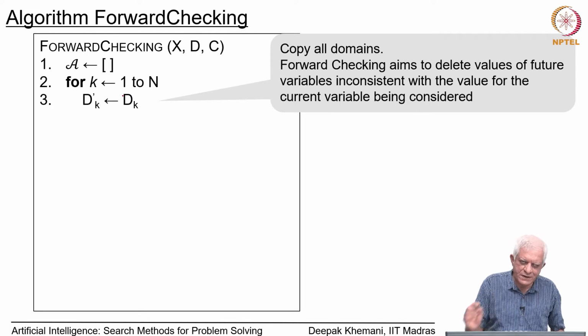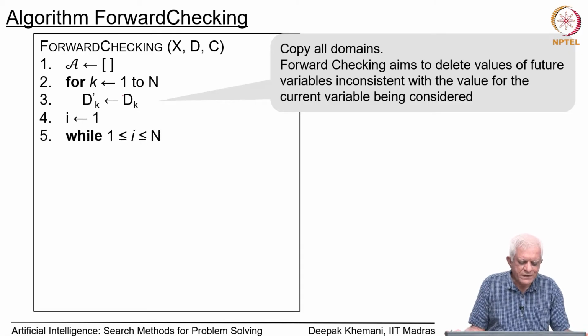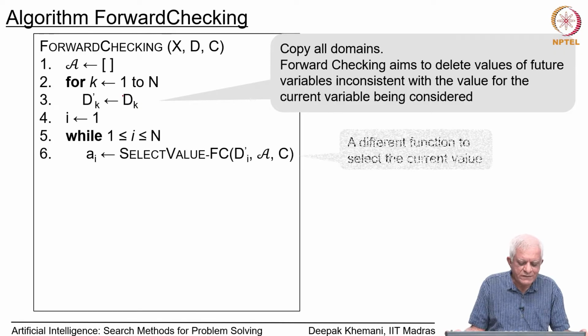So, we start off by making copies of all the variables, and then we proceed almost like the backtracking algorithm, where we look at the variables one by one, and we call a different select value function, which is designed for forward checking.